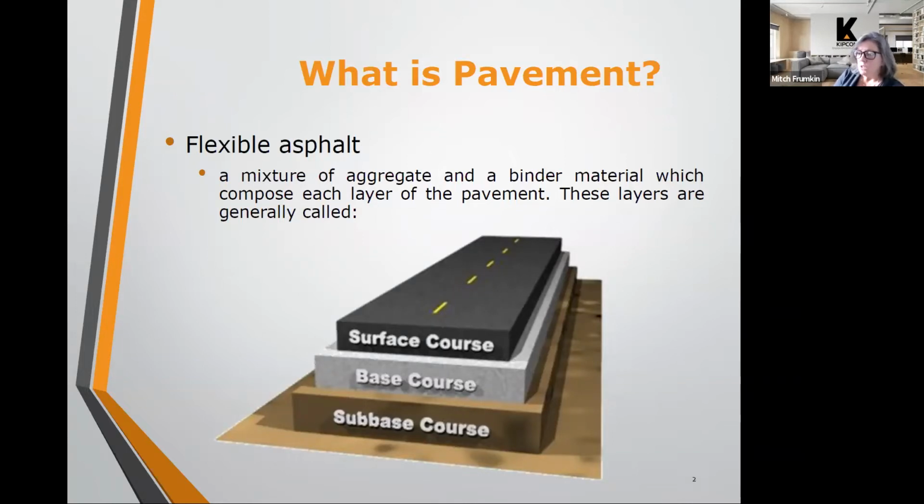The base course and the subbase together are really what's providing the strength and the structure of your pavement. On top of that is the surface course, often called the wearing course. Although it does provide some structure to the pavement, it's meant to take the wear and tear of the roadway, and that's the layer that gets milled off and replaced as part of a pavement project.